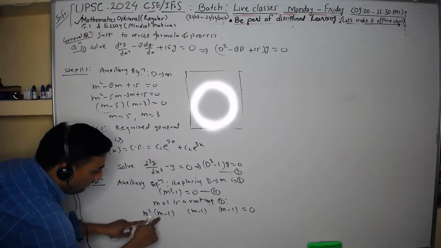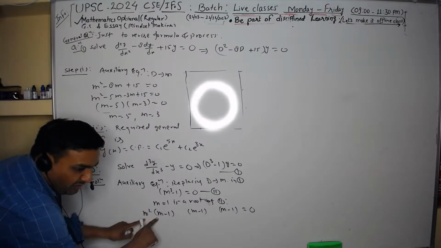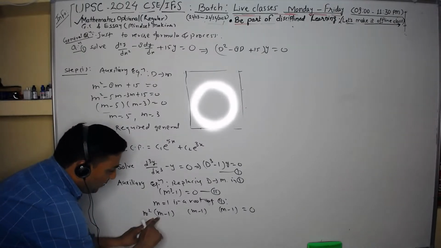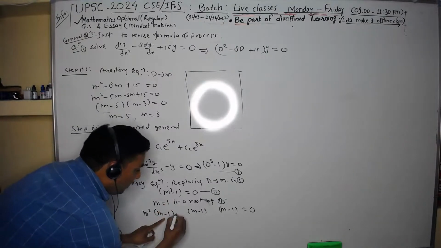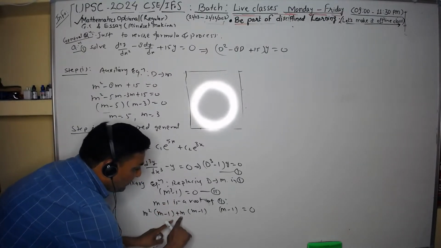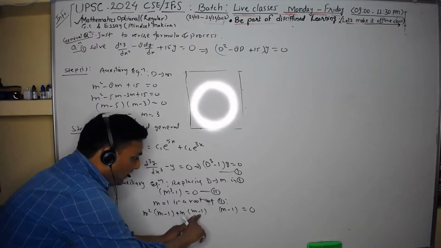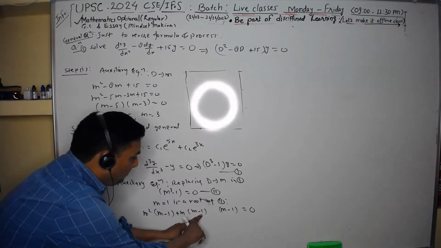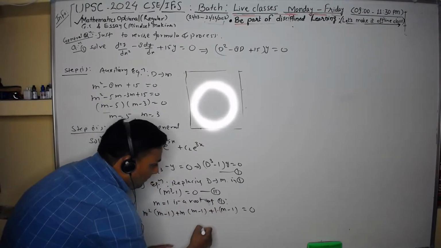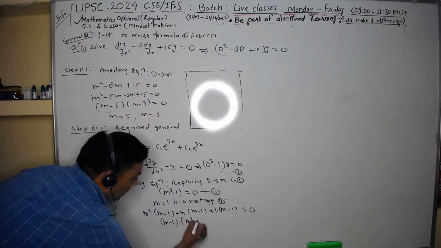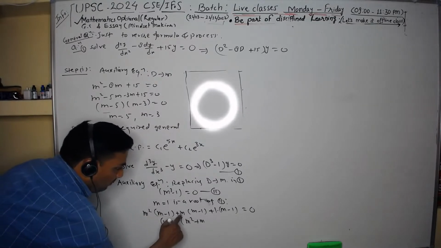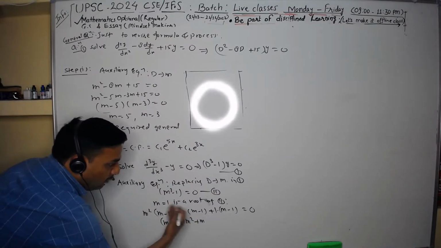So to make m cube with the help of this, I must multiply m square. This will become m cube minus m square. Here I don't need m square, so I must add some m square. Minus m I don't have, so I must multiply by 1 here. So it will have (m minus 1) into (m square plus m plus 1), with m minus 1 taken outside. Okay, children?